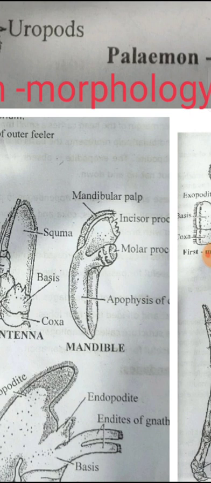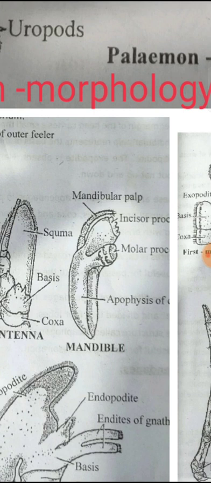That is the molar process with 5 to 6 dental plates, and the incisor process with three teeth.